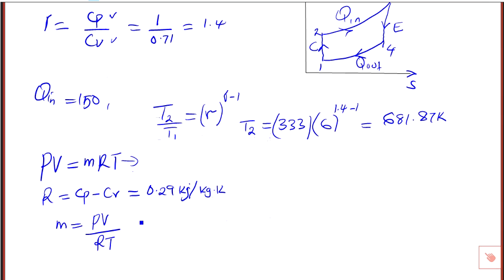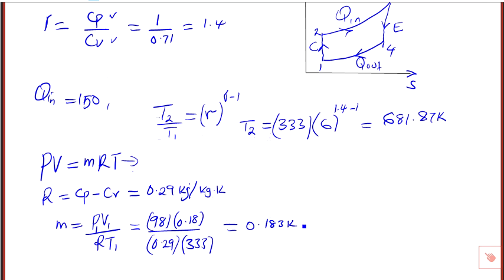Now you can take P1 V1 divided by R. R is a constant, so we shall just use 0.29, and then T1 to get the value of m. So P1 was given as 98, multiplied by V1, which is 0.18, we found that, divided by 0.29 multiplied by T1, which was given, and from there you'll find that m is equal to 0.183 kilograms.